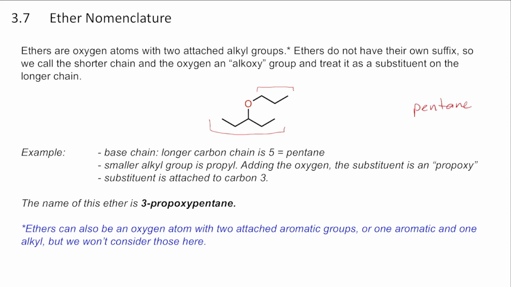And the smaller chain, which is the 3 carbons, we are going to join up with the oxygen. 3 carbons is propane, and so this group here in the box is going to be called propoxy. On the main chain, we would number this 1, 2, 3, 4, 5. The propoxy group is attached on carbon 3, so this is called 3-propoxypentane.